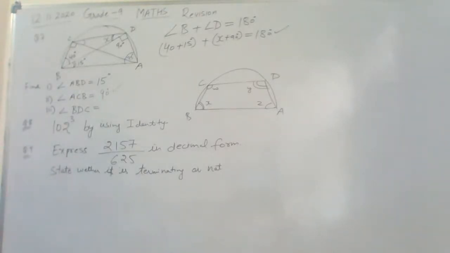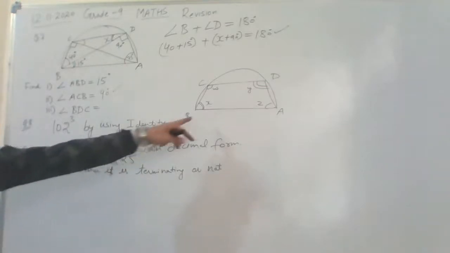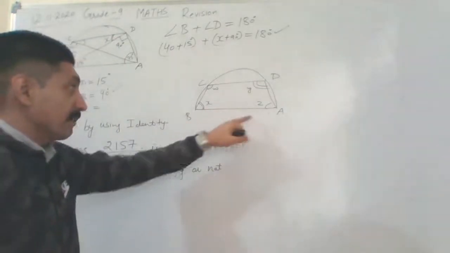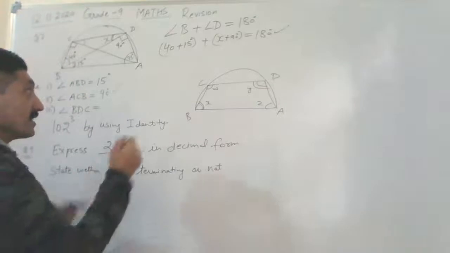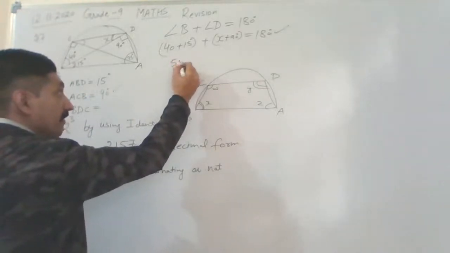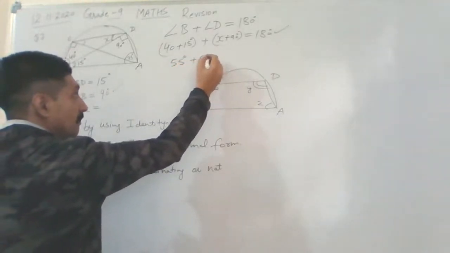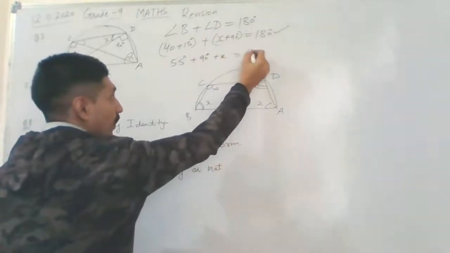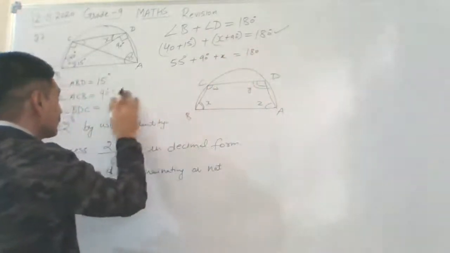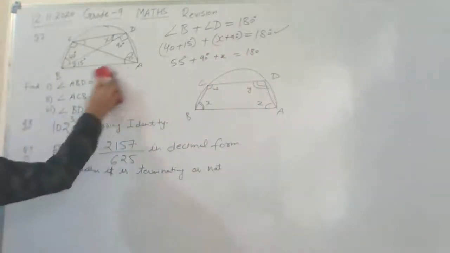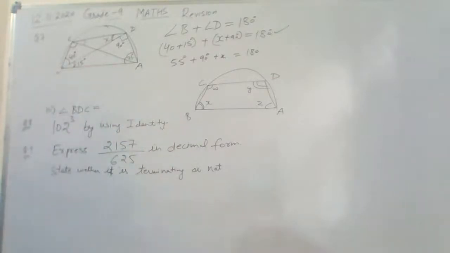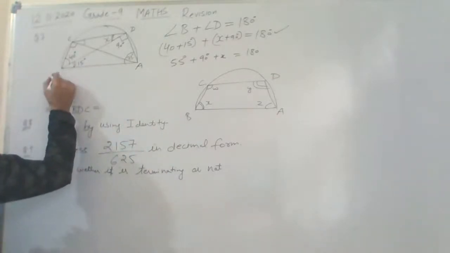And the question is on circles. Here they are saying AB is the diameter. So we have 55 degrees plus 90 degrees plus X equals 180. What is X? Angle BDC is X here.